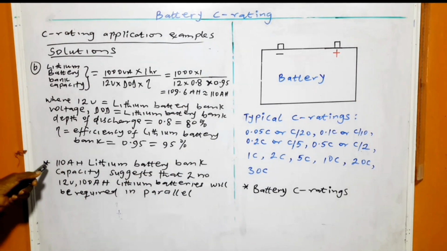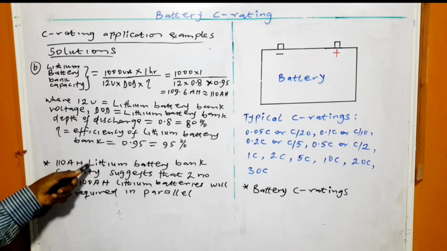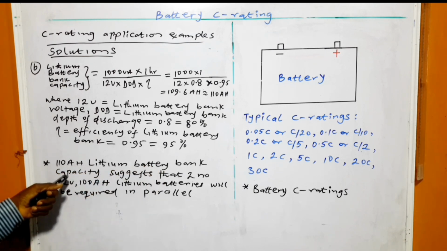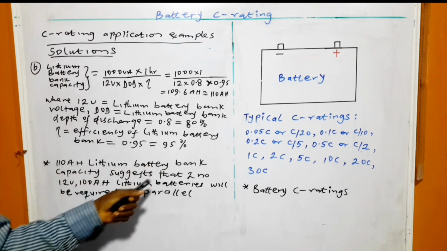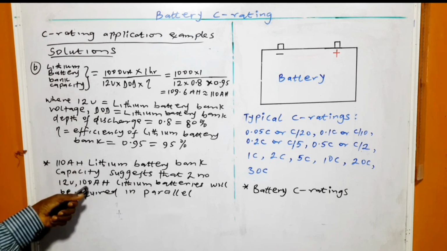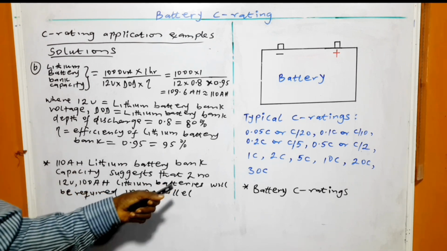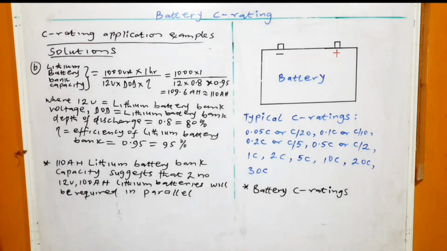Now, a 110 ampere hour lithium battery bank capacity suggests that 2 number 12 volt 100 ampere hour lithium batteries will be required in parallel. This is not the final answer.